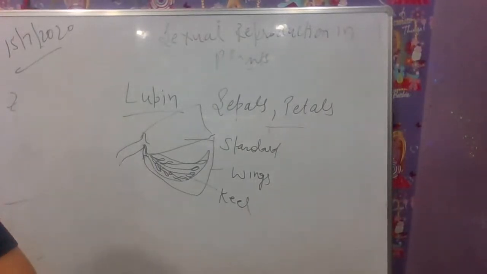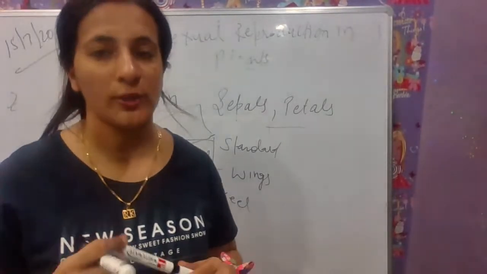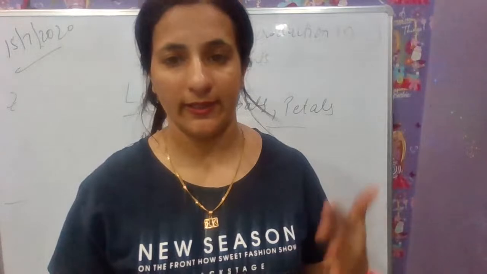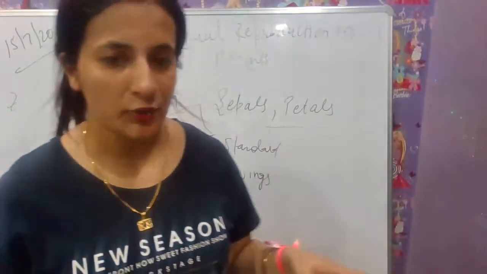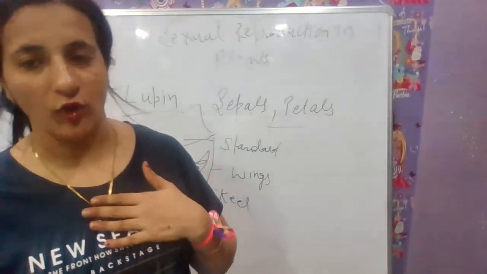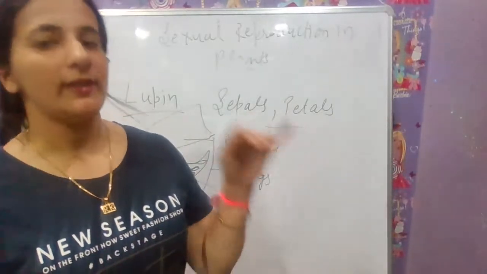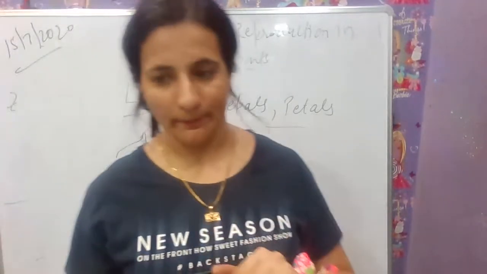This was about adaptation. So till now I have covered the topic sexual reproduction in plants. If anything is left in your book, please send me a message so that I can cover it in the next class. If any topic is left which I have not covered yet, please send me a message on my WhatsApp number.